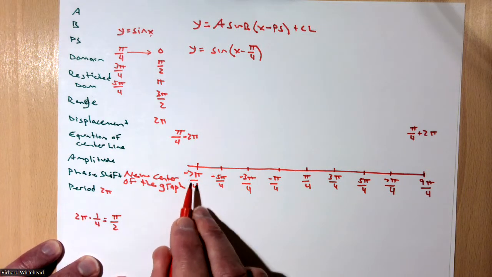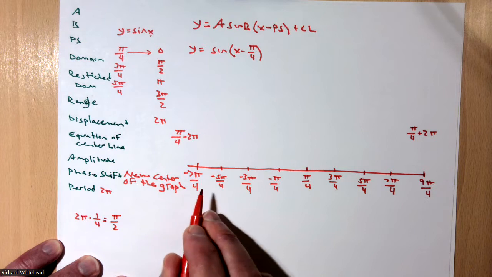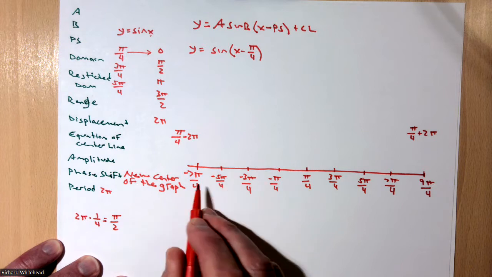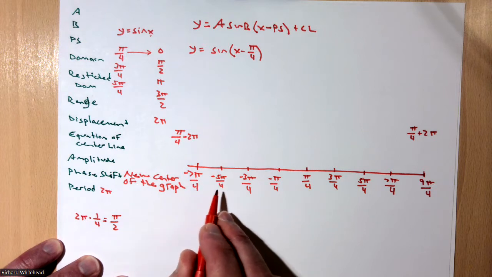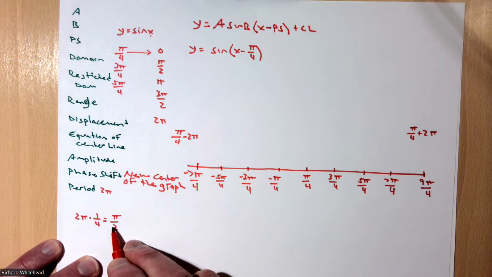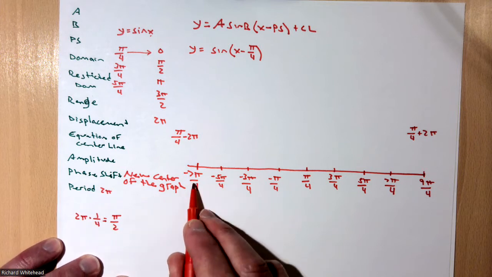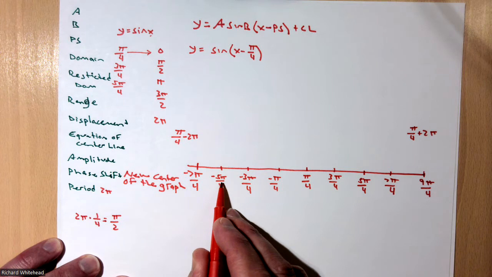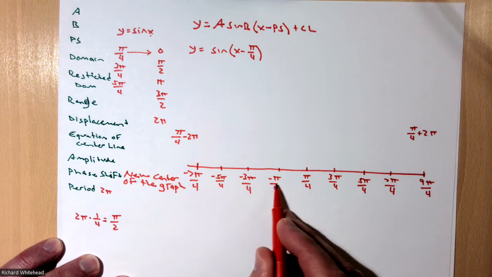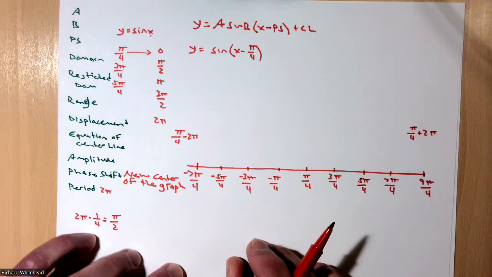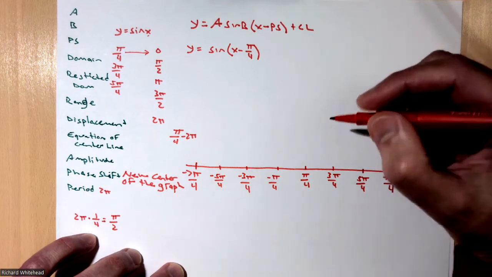If I know that endpoint is negative 7 pi over 4, then I'm just going to add pi over 2 each time. Pi over 2 would be 2 over 4, so negative 7 over 4 plus 2 over 4 plus 2 over 4, and so on. There are lots of different ways to work this out.